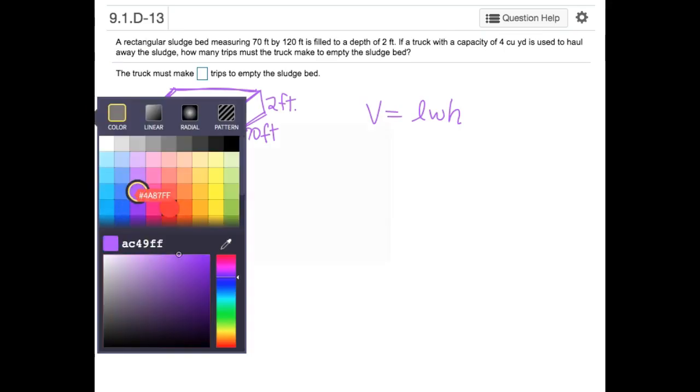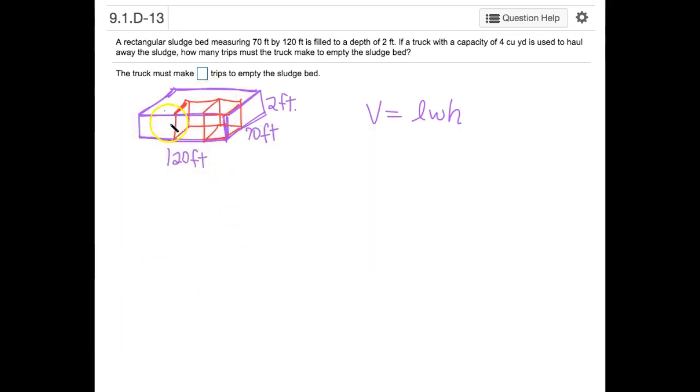To find the volume of a rectangular prism, or this rectangular sludge bed, we want to do length times width times height. So we would do 120 feet times 70 feet times 2 feet. And I keep the units in there because the units will multiply together just like the numbers do.